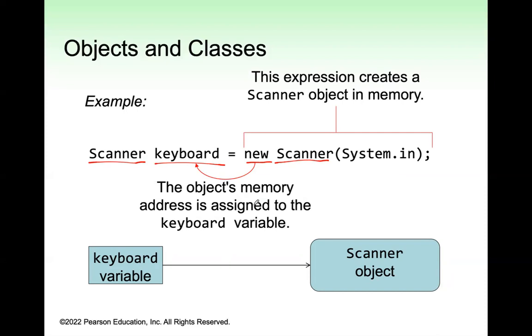So I would recommend that you create a variable name that describes what that object is doing. In this case, we created a Scanner object that is called keyboard. And what it does for us is read some input from the keyboard. This System.in specifies that we want to get input from within the system, and that just means that we want to get input from the keyboard.